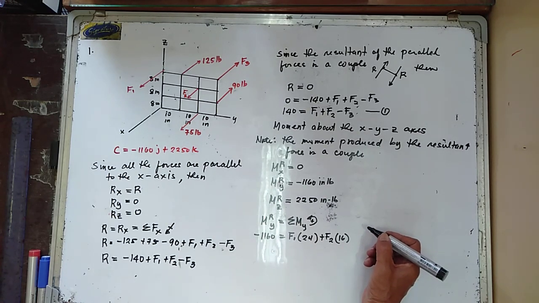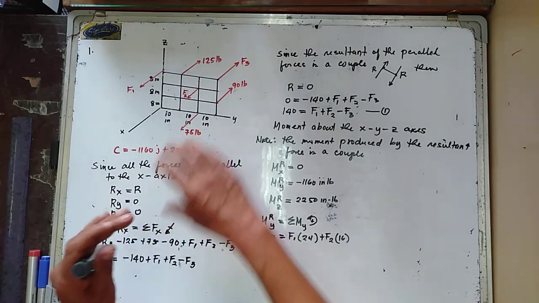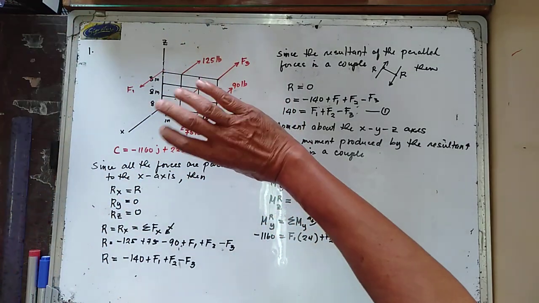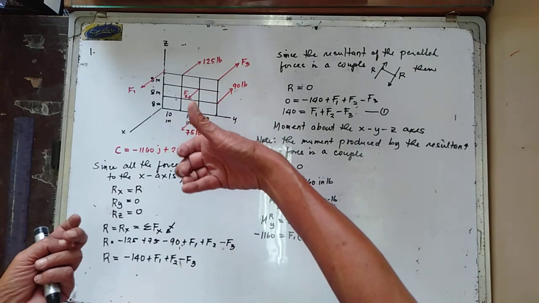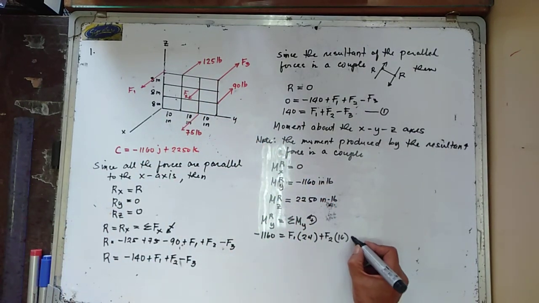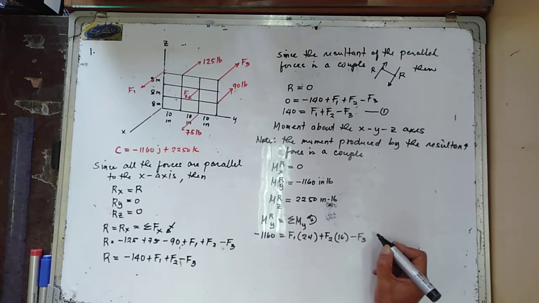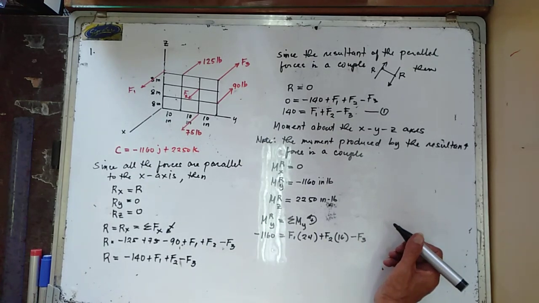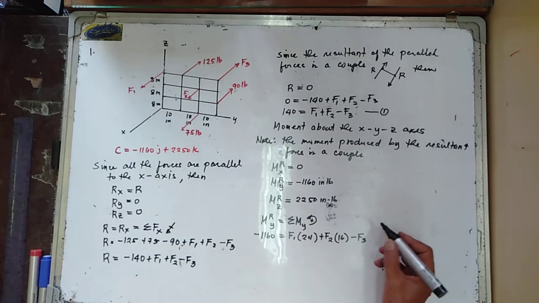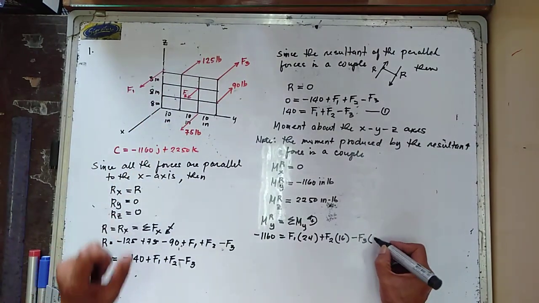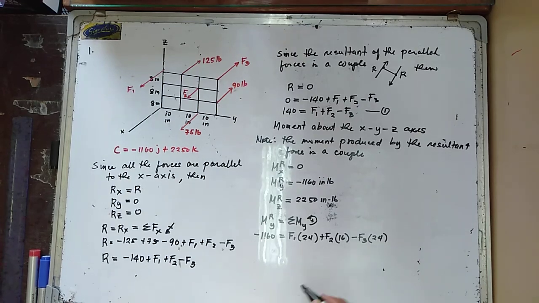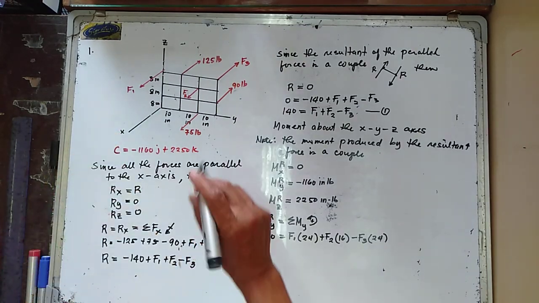And then we have F3. So that is your F3. It will now have clockwise moment. So we have minus F3, multiplied by the moment arm, which is equal to 24. Okay, so we have minus 125, clockwise moment, and the moment arm is 24.